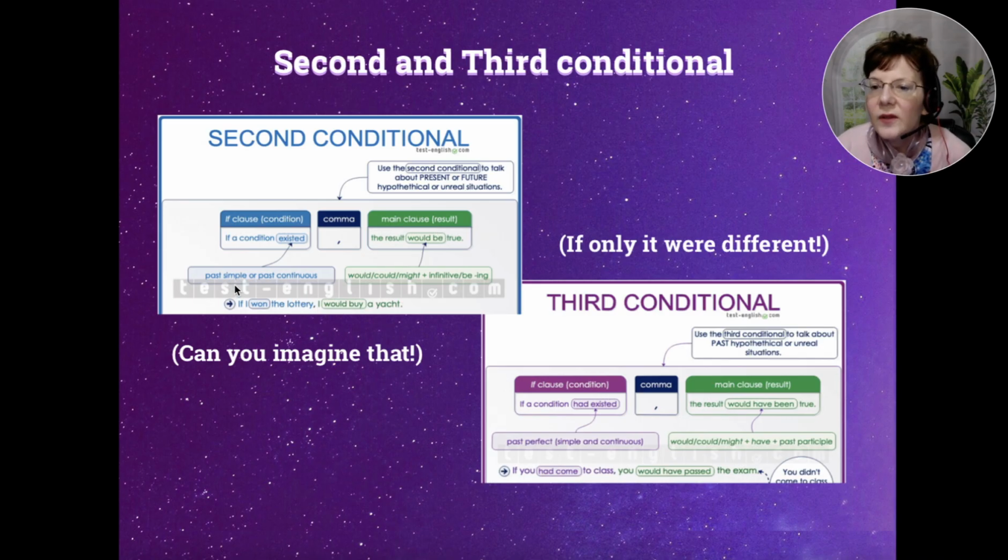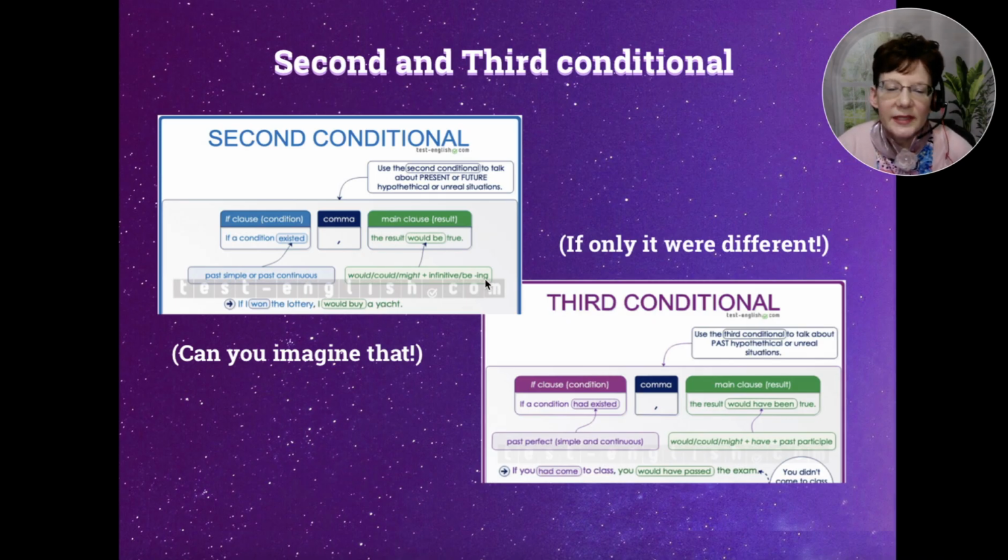The if clause uses past simple or it can use the continuous. And then the main clause uses would, could, or even might, plus the verb, infinitive. Sometimes you can use be plus the ing form of a verb. So, for example, if I won the lottery, I would buy a yacht or I would be buying a yacht.